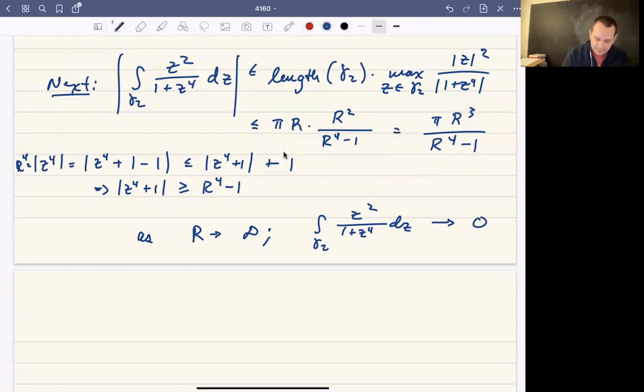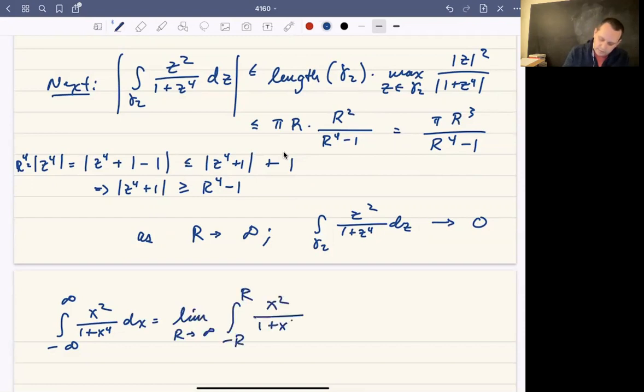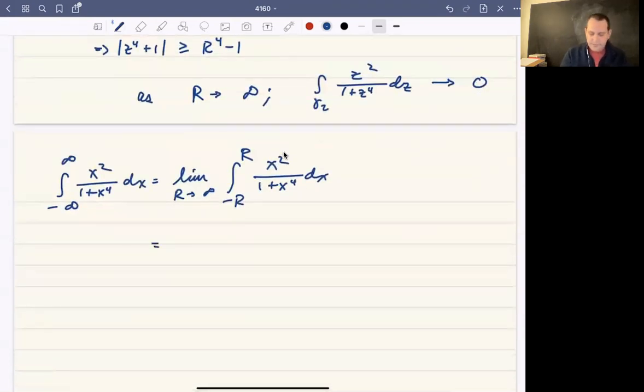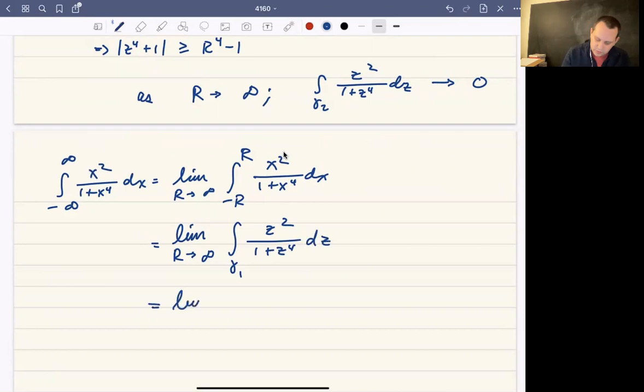And so what that tells us is that this integral from negative infinity to infinity of x squared over 1 plus x to the fourth, which was equal to the limit as r goes to infinity of the integral from negative r to r of the same integrand, which was equal to the limit as r goes to infinity of this complex integral over gamma 1 of z squared over 1 plus z to the fourth, which was equal to the integral over gamma, which we said was pi over square root of 2, minus the integral over gamma 2 of z squared over 1 plus z to the fourth dz.